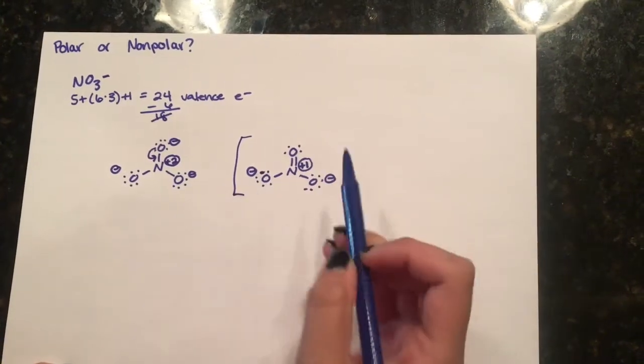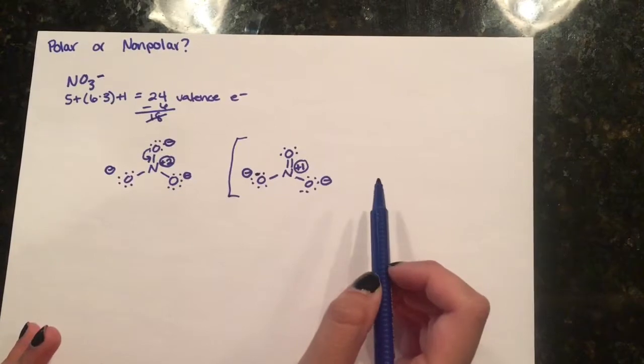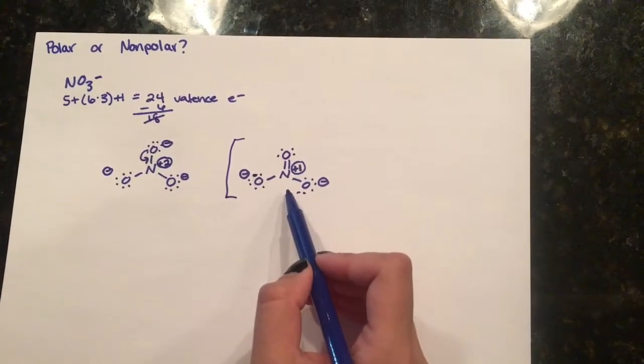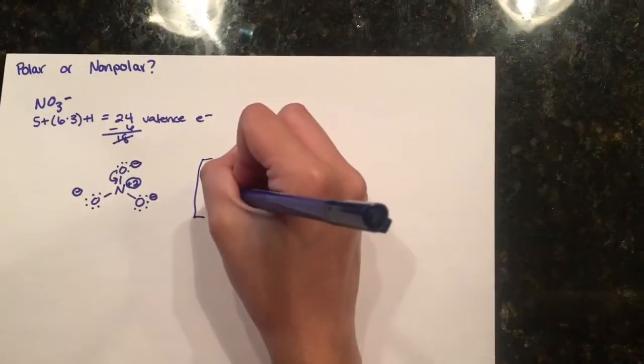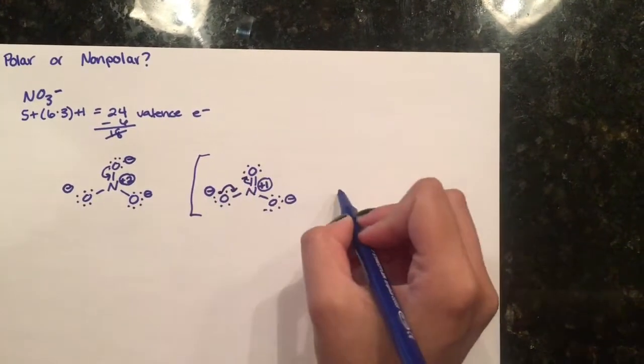And because of the symmetry of this molecule, we can get different resonance structures that are just as good as this structure. So we can move the electrons and make the double bond here.